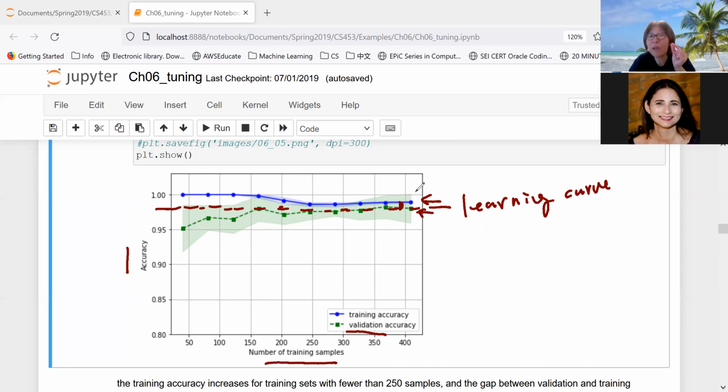So we can see the number of samples: once it crosses 300, it's not a huge difference. So a pretty good sample size for these cases.